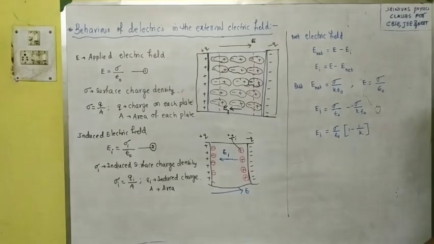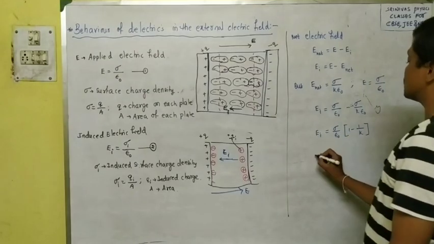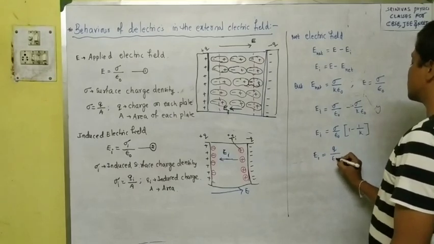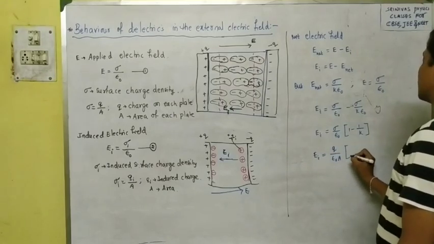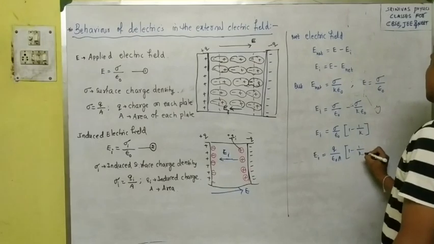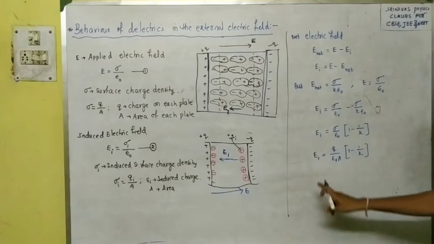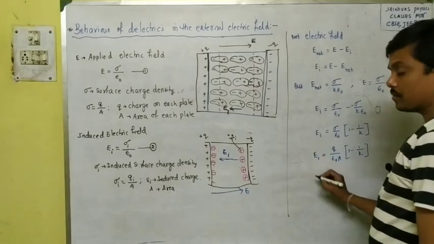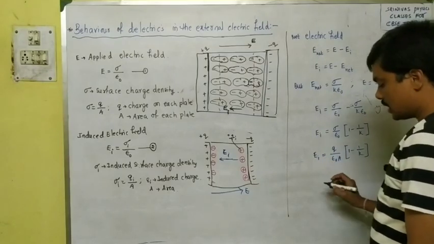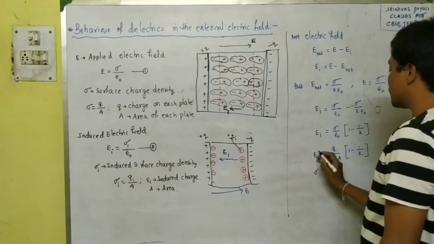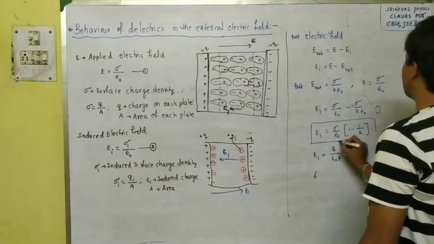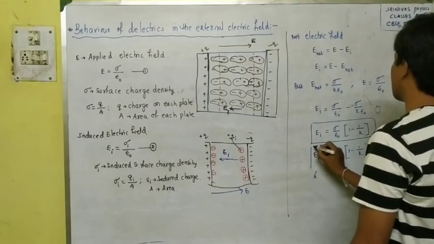And the surface charge density is q by a, so we write q by epsilon naught a into 1 minus 1 by k. Now the induced electric field we also write as induced surface charge density by epsilon naught, sigma I. Either we use this induced electric field formula or we use this.